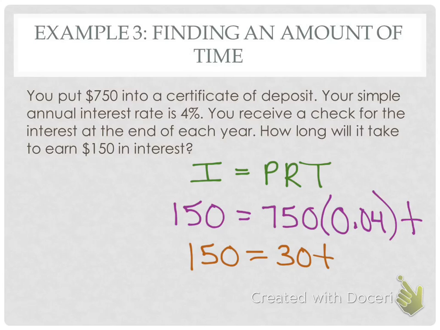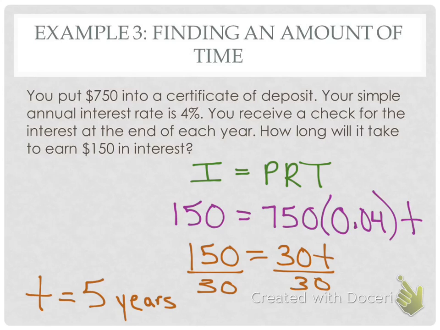So now how do I solve for time? Divide by 30. T equals 5 what? Years. Are you sure? It's not months? It's not hours? Because it says annually, it's always in terms of years. Okay? T equals 5 years. And if you understand that, that's everything you need to know for 9.8.